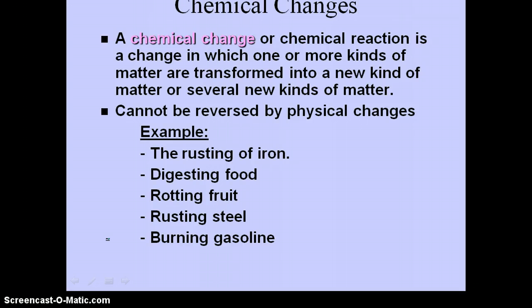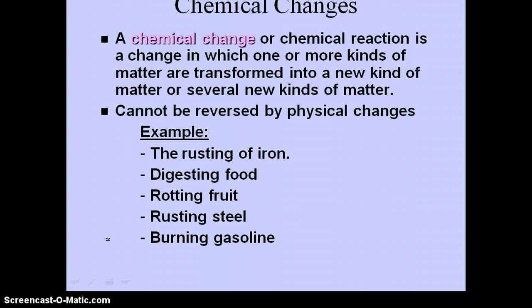And a lot of times we can't take these back to their original form. So examples are rusting of iron. Once that process of rusting happens, we have chemically changed the substance of iron into something new. Digesting food. So once you take in food, it goes into your stomach, and that process of digestion happens where particles are taken out.